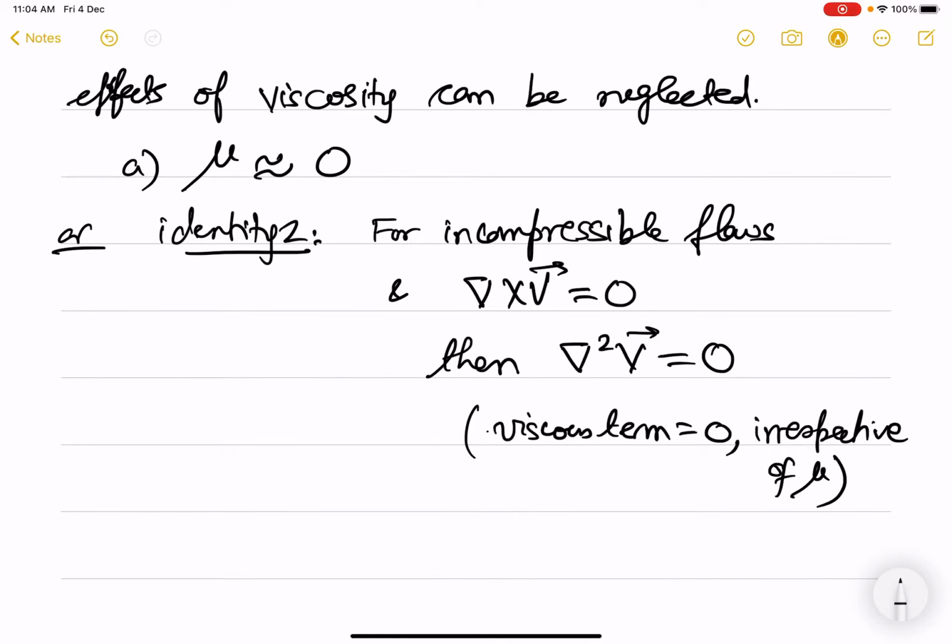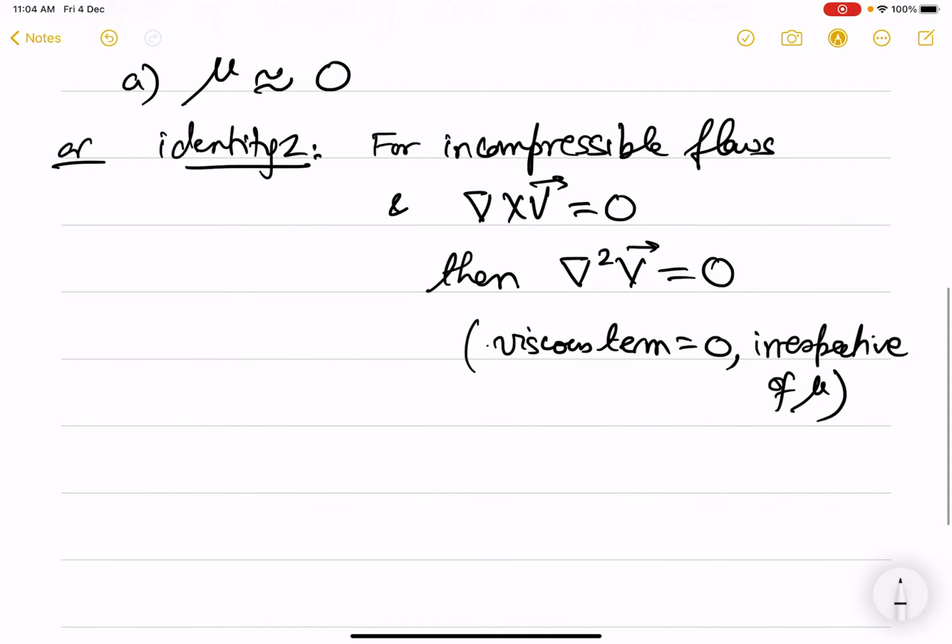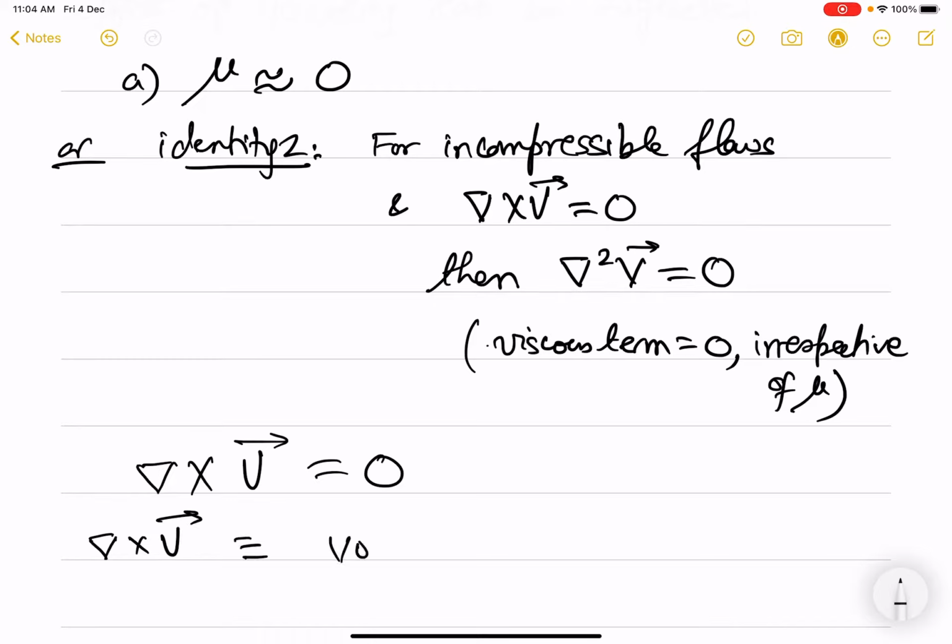And we realize that for this second, apparently more general case to hold, the condition which we need is that del cross V must be 0. Now this quantity del cross V is a vector quantity, and this we define as vorticity.